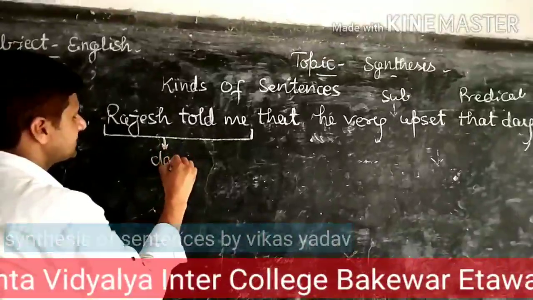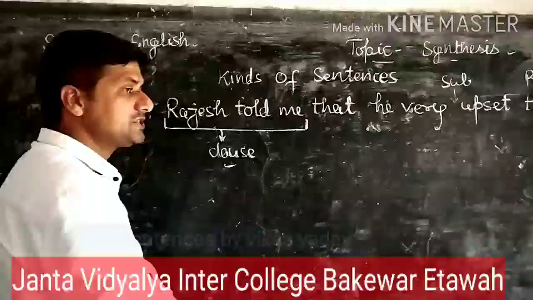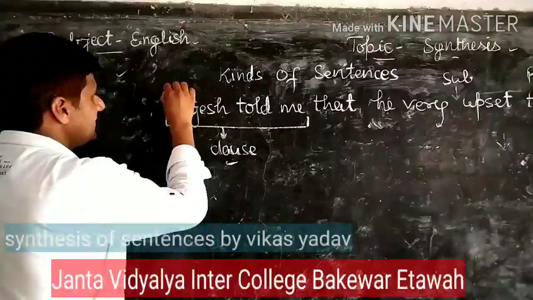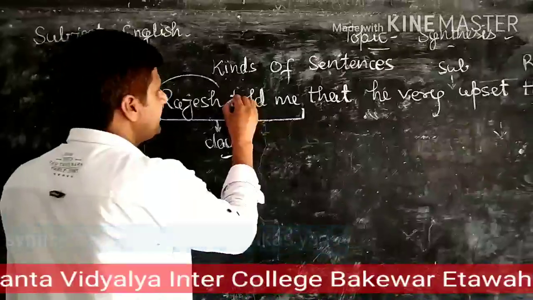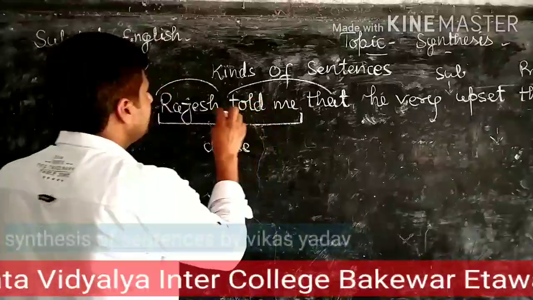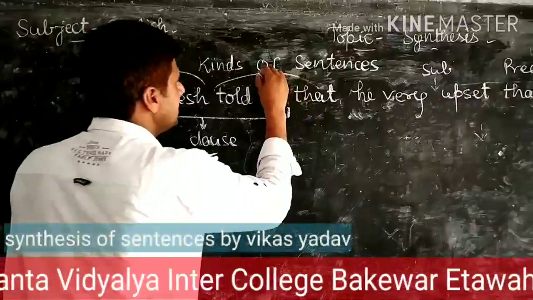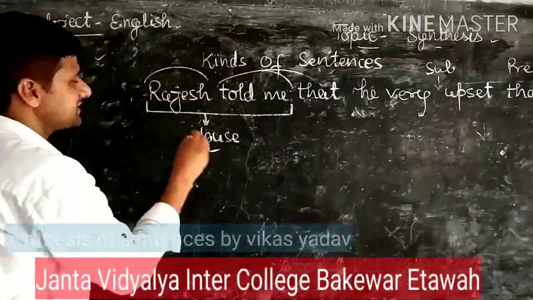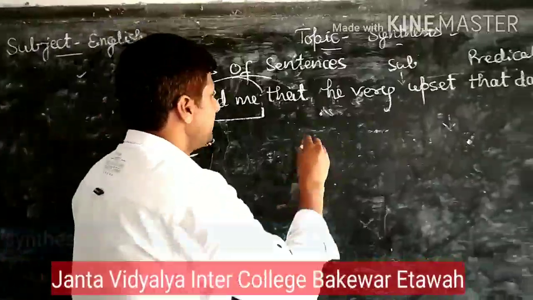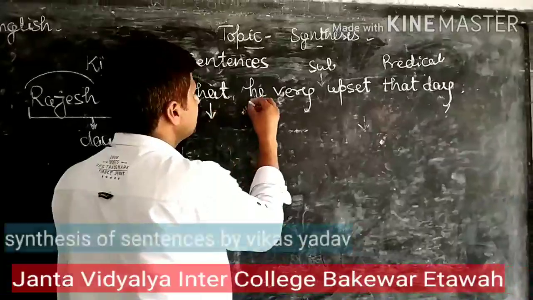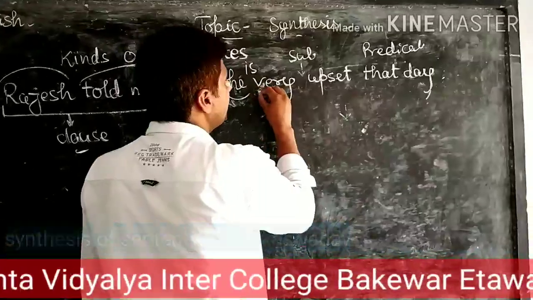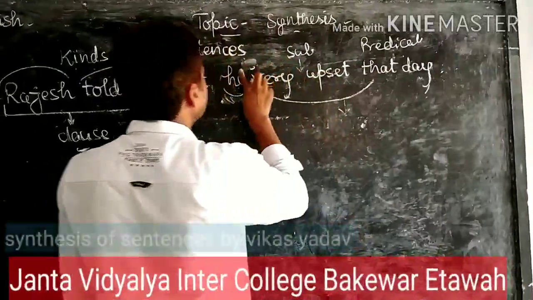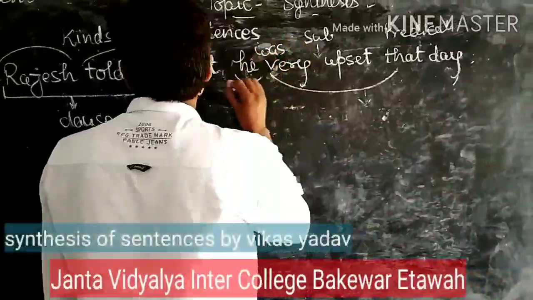This is a clause. What is a clause? I have told you a clause is a group of words that contains a subject and a predicate. So here is a subject and here is a predicate. This portion is called a clause, and then another clause is here: he was very upset that day.